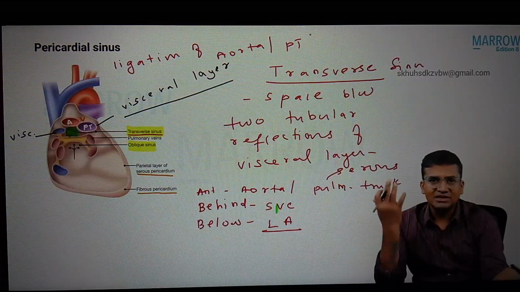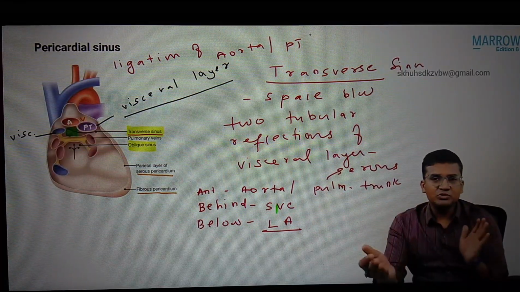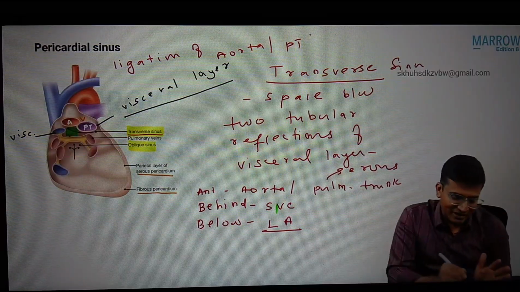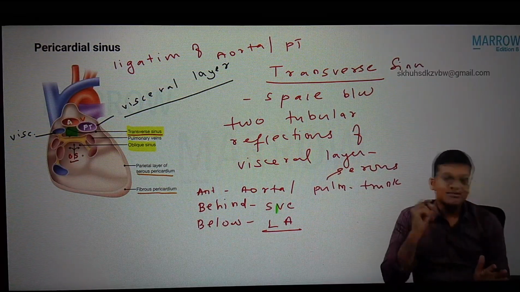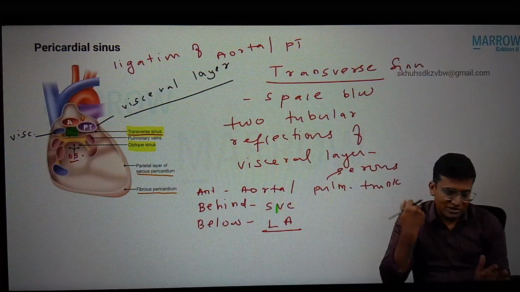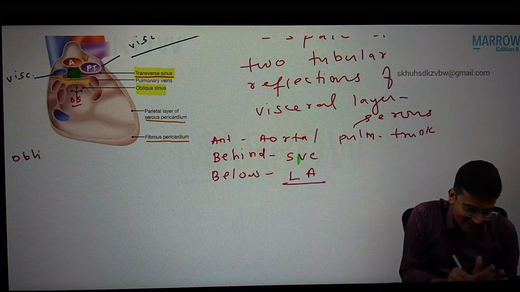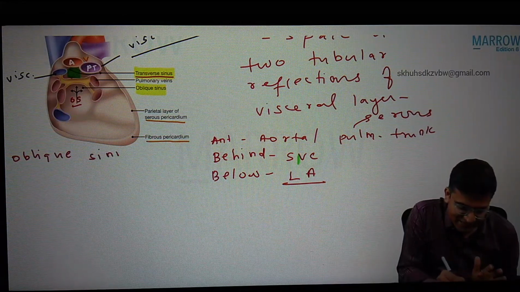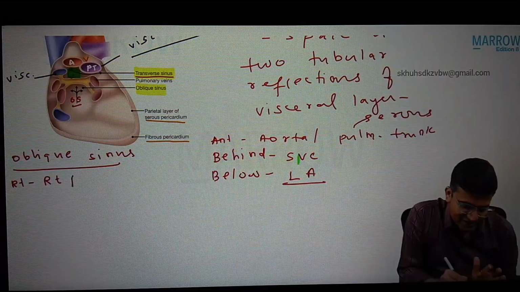Next, the oblique sinus. The oblique sinus is very simple. Now, see the pulmonary veins. Between the right and left pairs of pulmonary veins, we see a space that is called the oblique sinus. What are the boundaries of the oblique sinus? On the right side, the right pair of pulmonary veins.